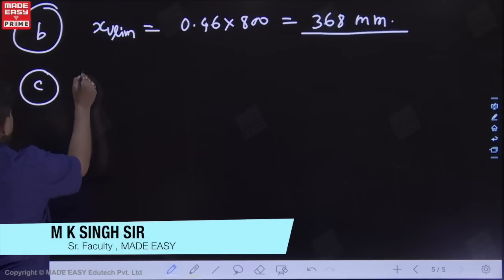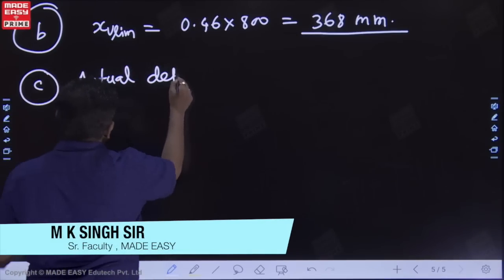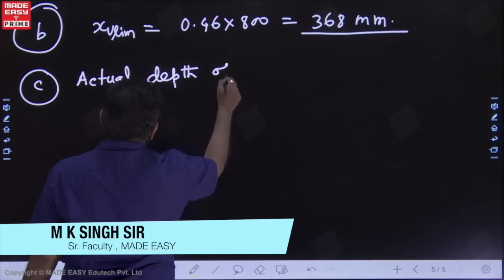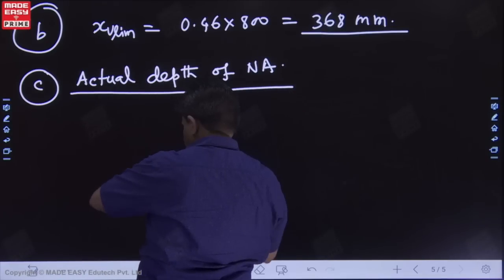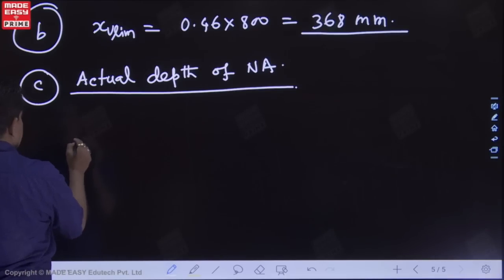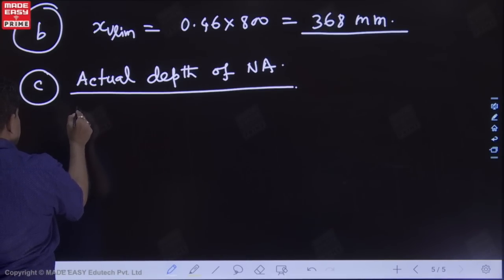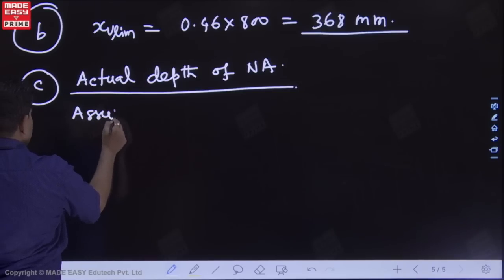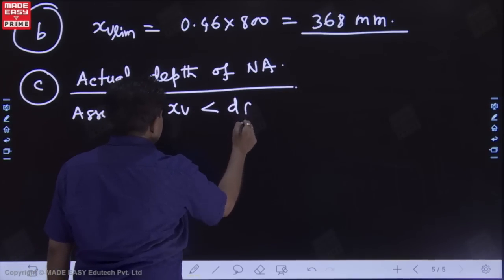Okay. Now third value, we have to find out the actual depth of neutral axis. First case we will consider, suppose we assume that XU is less than DF.